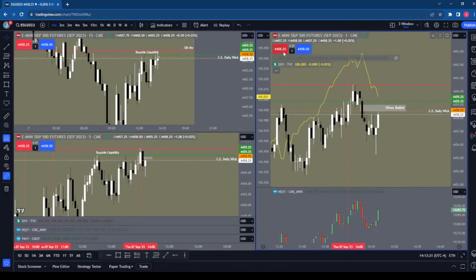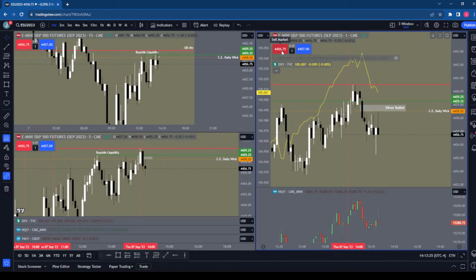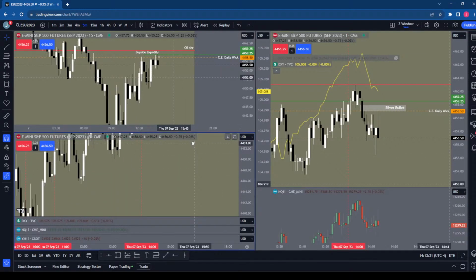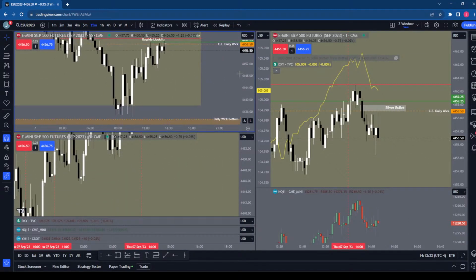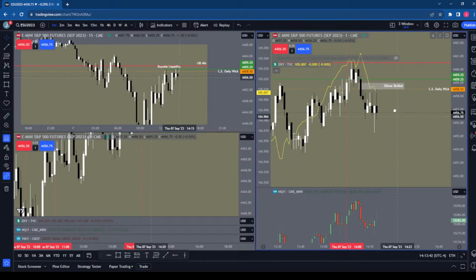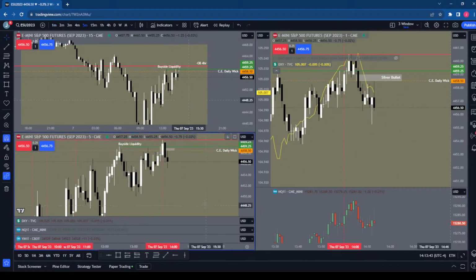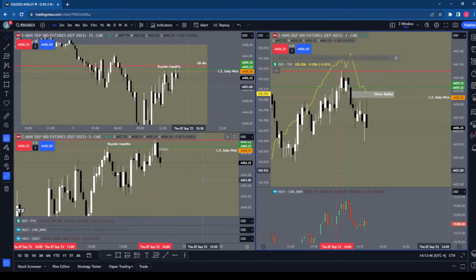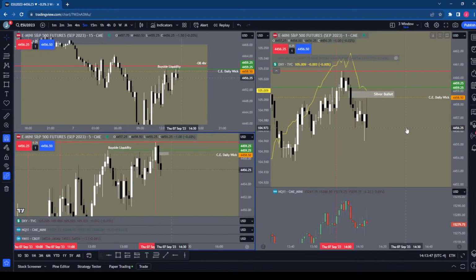I would take that. See how we respond to it. Oh, yeah, okay. We have a lot of downside it looks like we can cover, so we're going to have a good chance. We don't have to call the top right here.